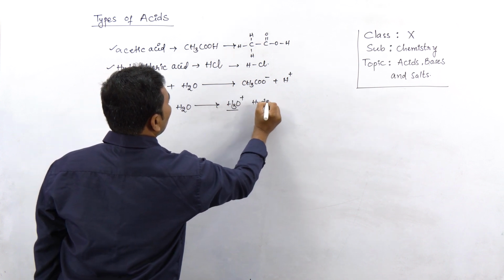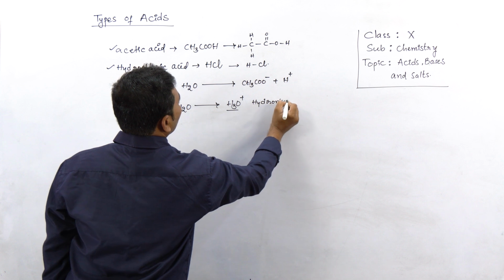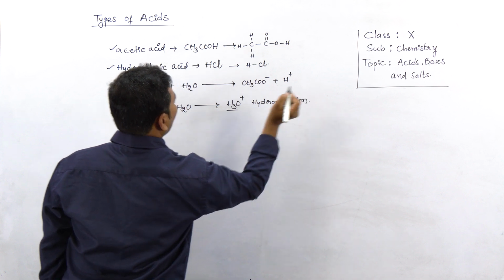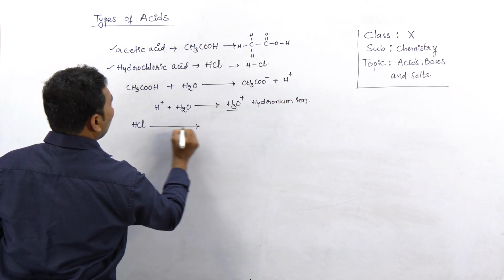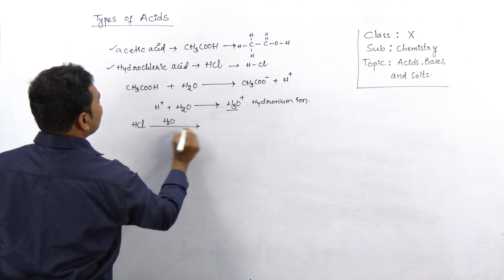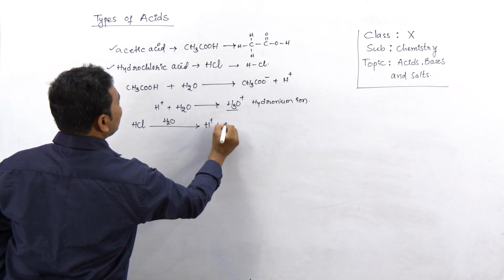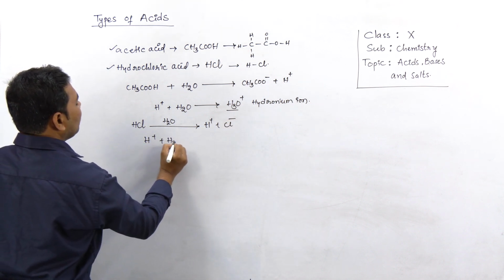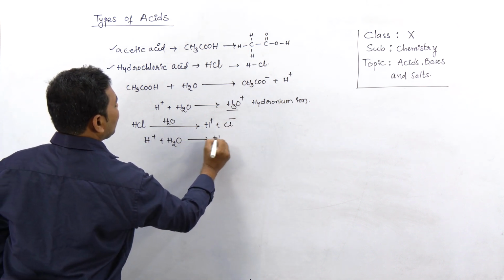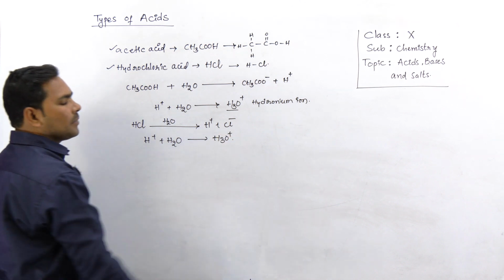This is called the hydronium ion. Now, if I take HCl in water, it produces H plus and Cl minus, and this hydrogen ion combines with a water molecule to produce the hydronium ion.